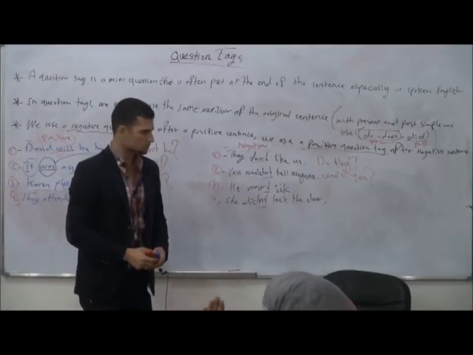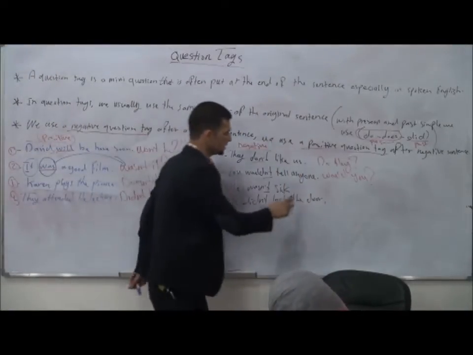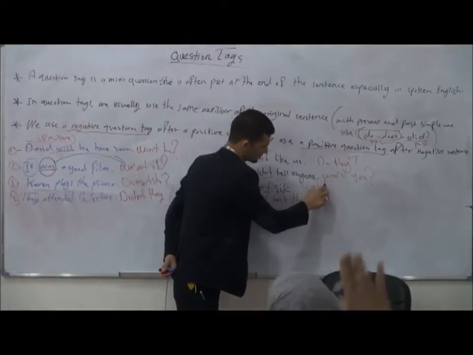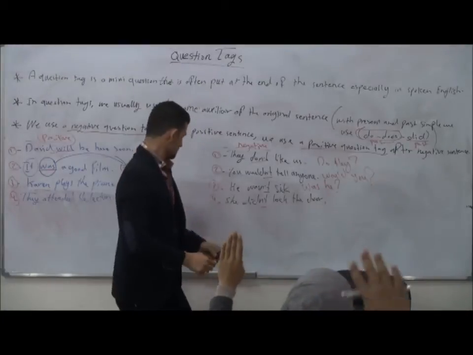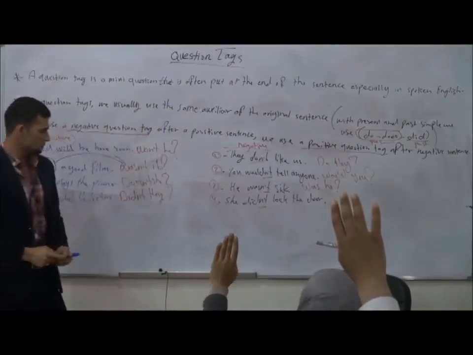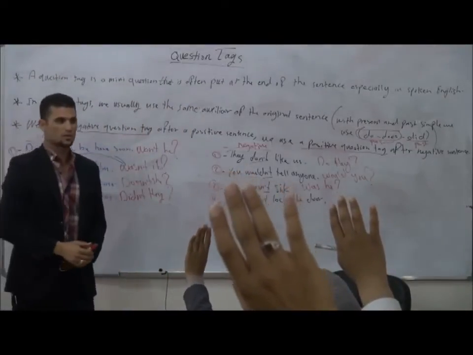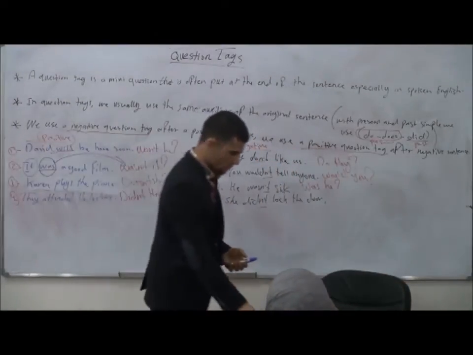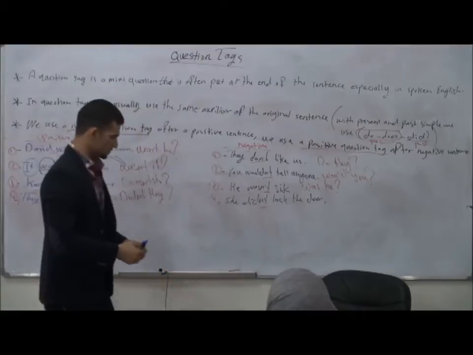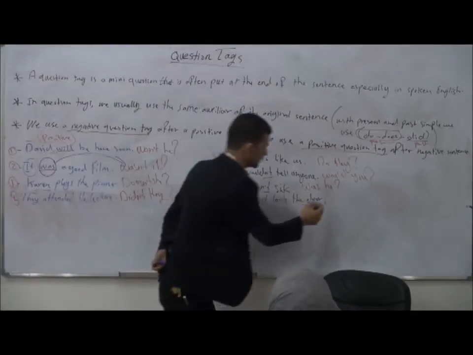Was he? Yes, very good. Any question? The last one, number 4. Yes, Ibrahim. She did not lock the door. She didn't lock the door. Did she? Yes, very good.